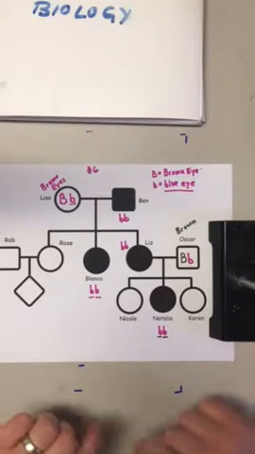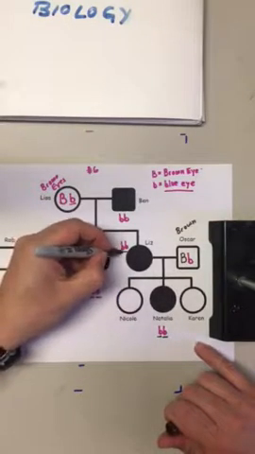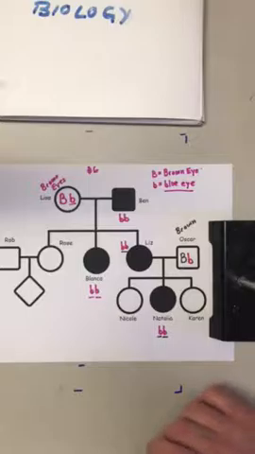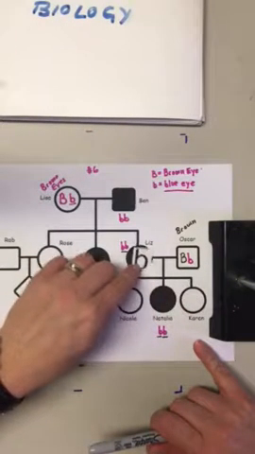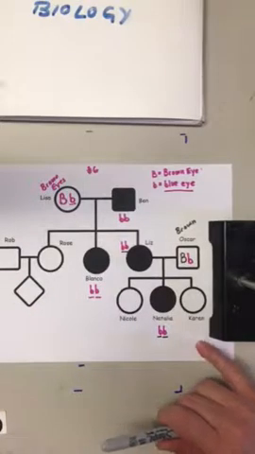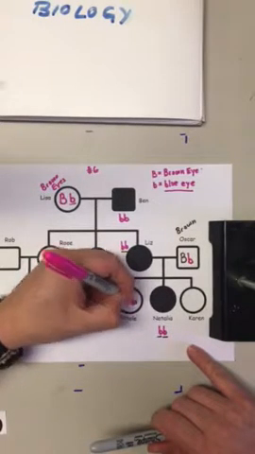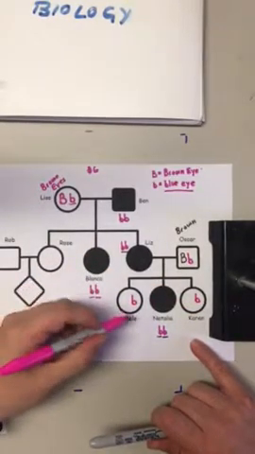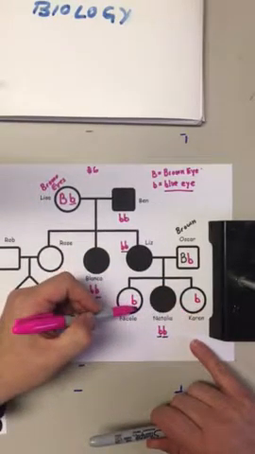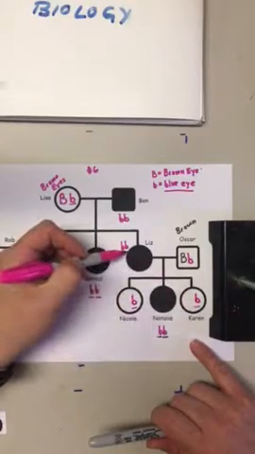Now here's the other piece. We know that Liz has only little b's to give. So she's going to pass one on to Karen, and she's going to pass one on to Nicole. So they have to have at least 1 recessive gene from mom.